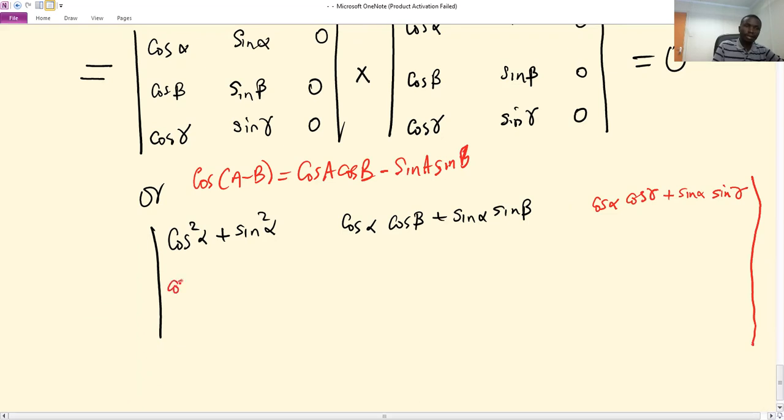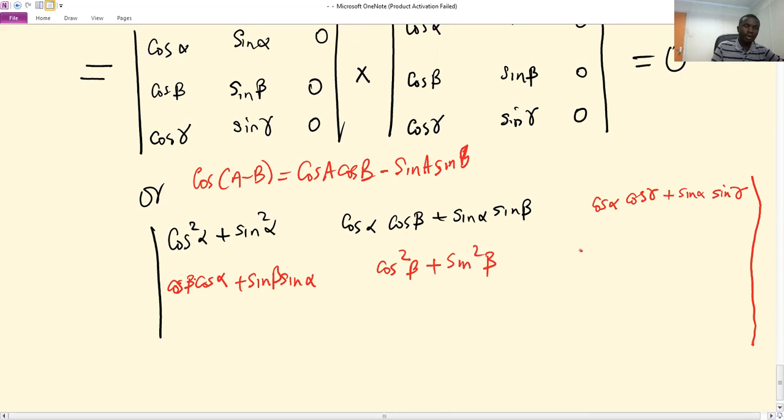Then this is cosine beta cosine alpha plus sine beta sine alpha. One can be written as cos squared beta plus sine squared beta.